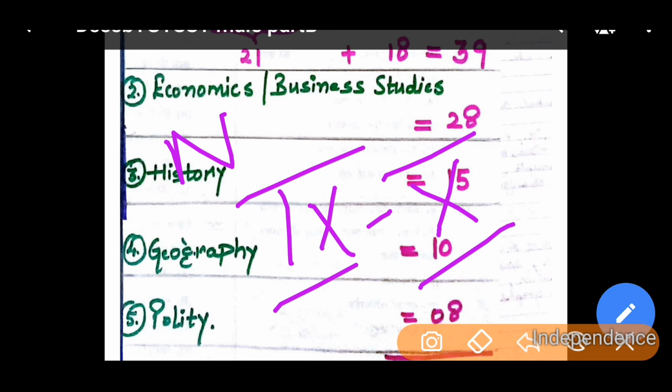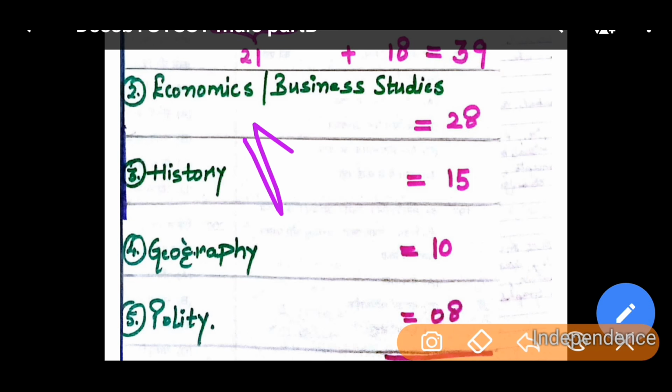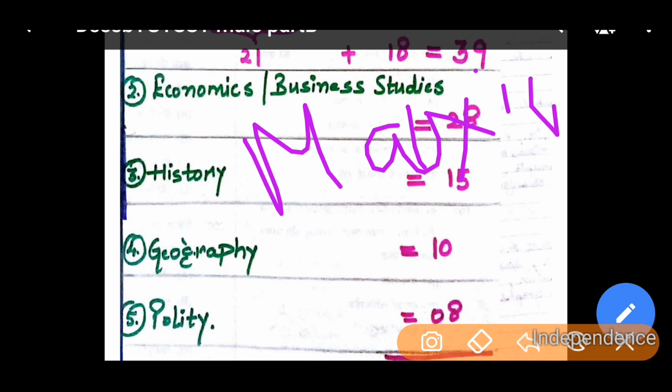Then, the next topic is polity. So, from political science or civics, there were questions. Some of the questions require basic political science knowledge. For example, questions on Marxism, or there may be questions from communism and socialism.